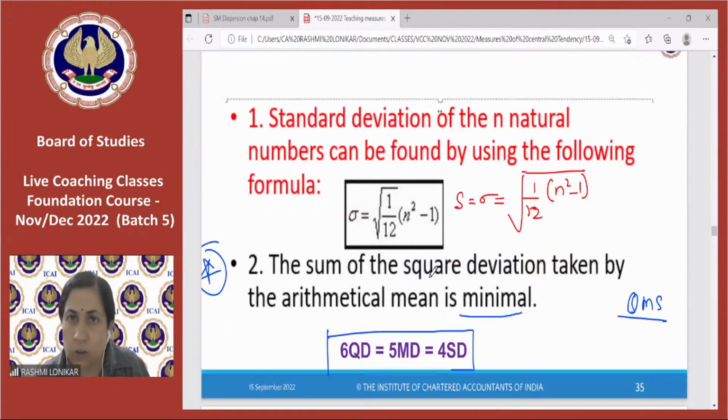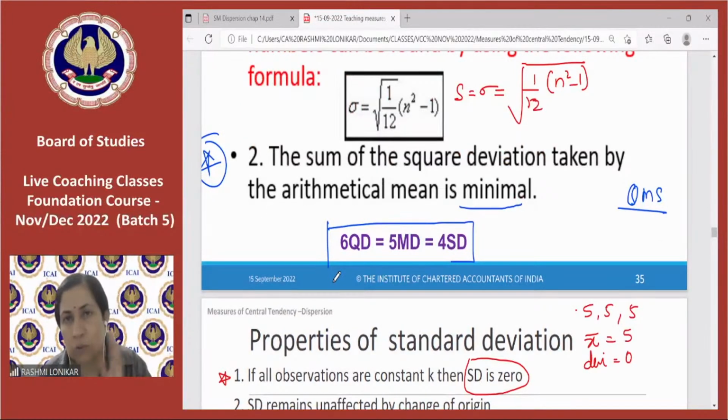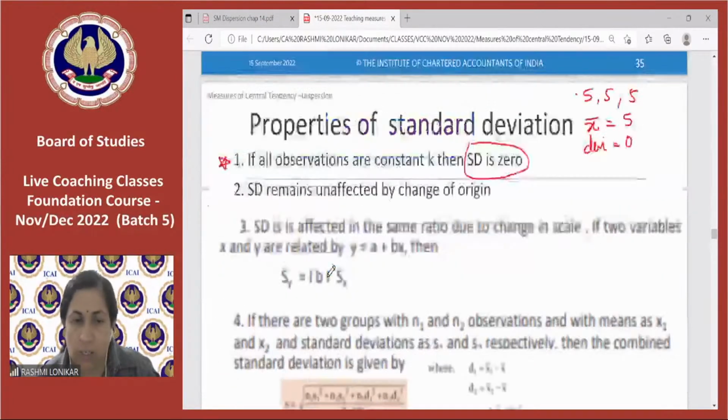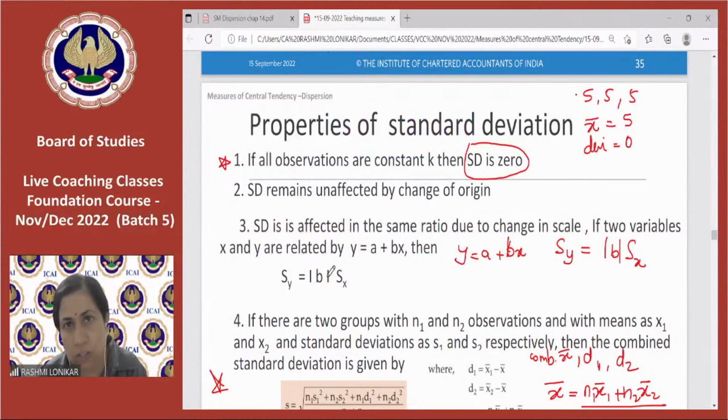Third, the empirical relation is 6 times QD is equal to 5 times MD is equal to 4 times SD. So 6 times quartile deviation is equal to 5 times the mean deviation is equal to 4 times the standard deviation. The other properties are, if all the observations are constant, then the standard deviation is 0.